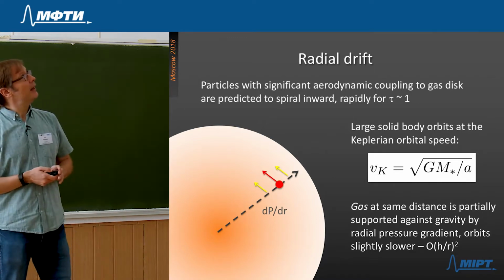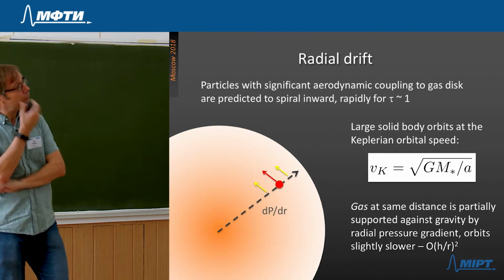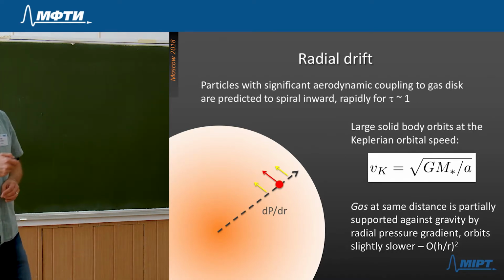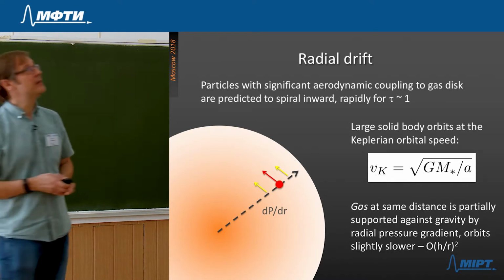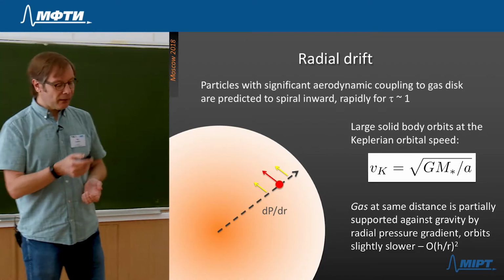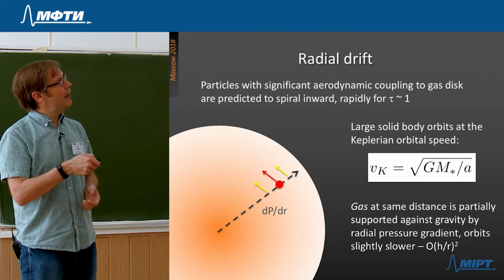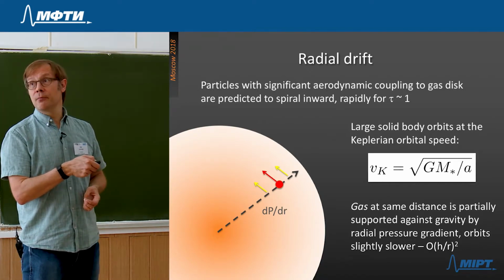Okay, so those were some collision physics. I now want to say something briefly about radial drift. If we have particles that have significant aerodynamic coupling to the gas, we predict them to spiral inwards. The way to think about this, as I've mentioned, is that the gas disk has radial pressure gradients.